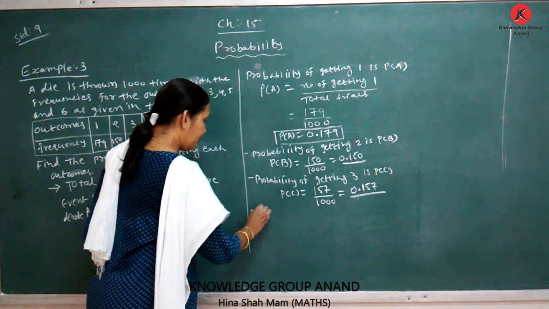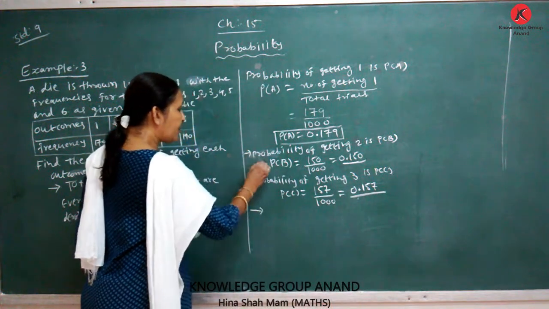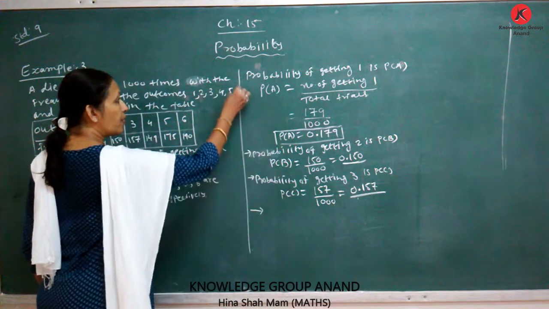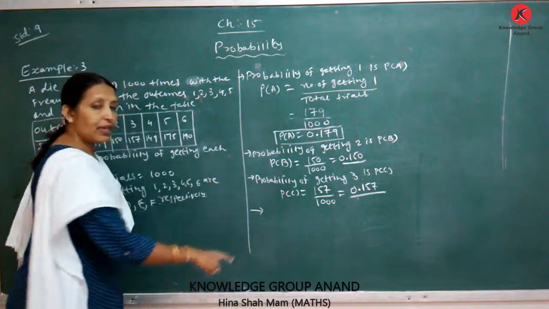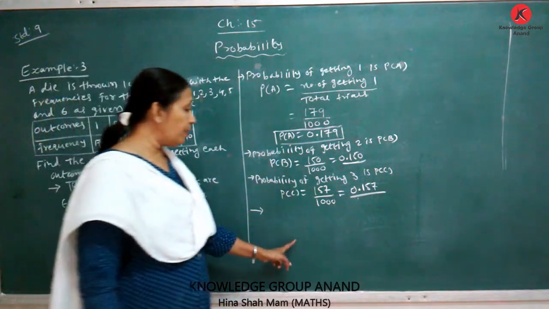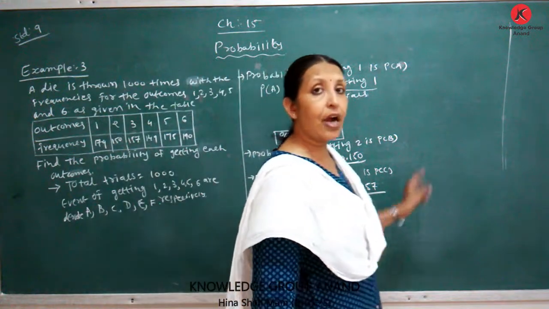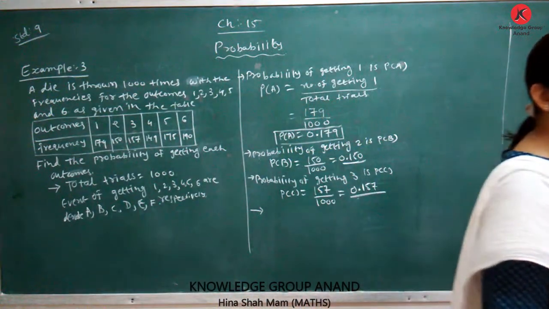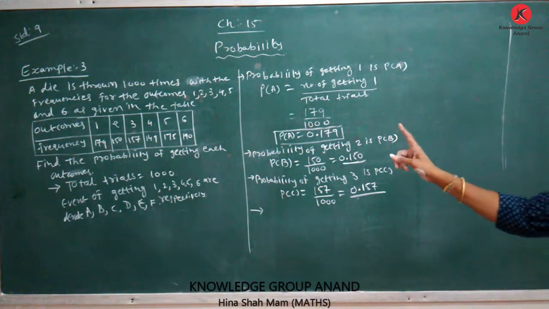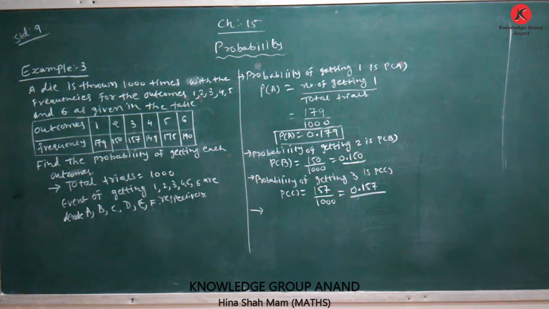Then you find the probability of getting 4, the probability of getting 5 and the probability of getting 6. Complete this question in your notebook by yourself. Example number 3.